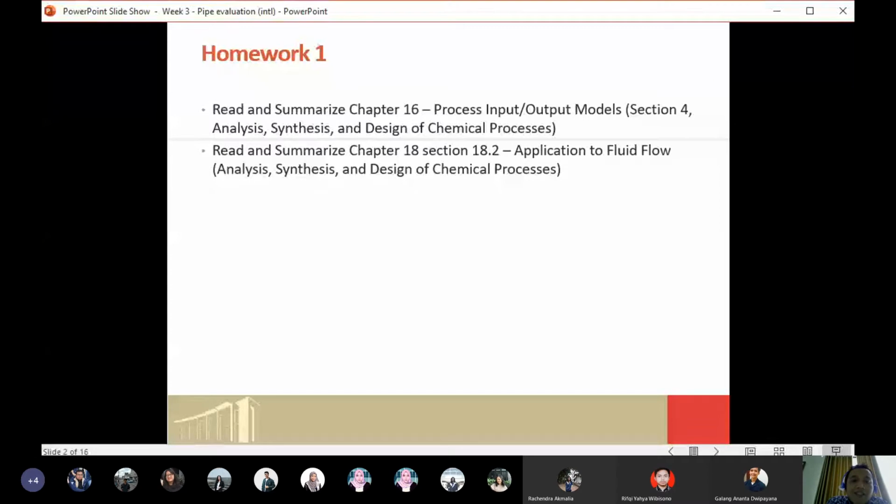So please read and summarize chapter number 16 and also chapter number 18, section 18.2, in the same section number 4 of the book by Turton, which is related with the application of fluid flow. Chapter 18, especially 18.2, is related with rotating equipment, the pump and compressor.